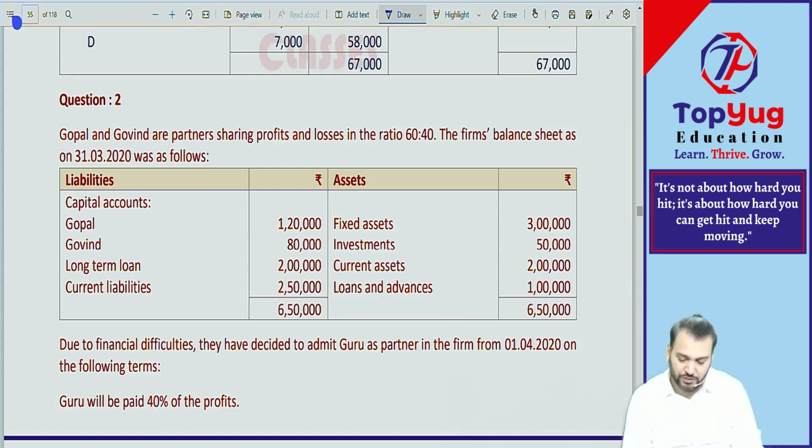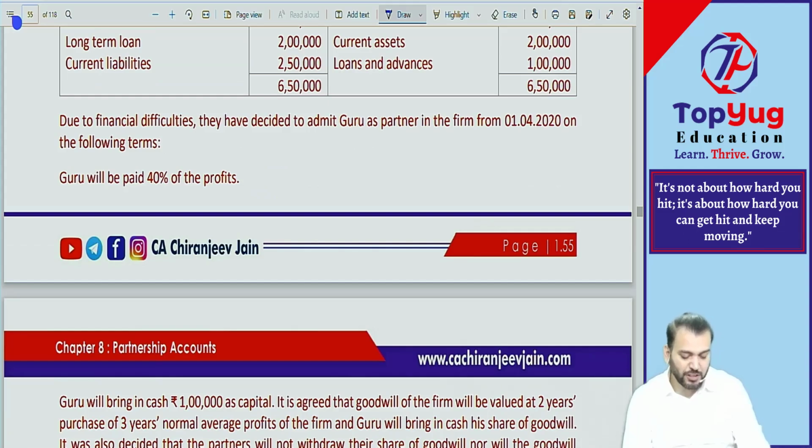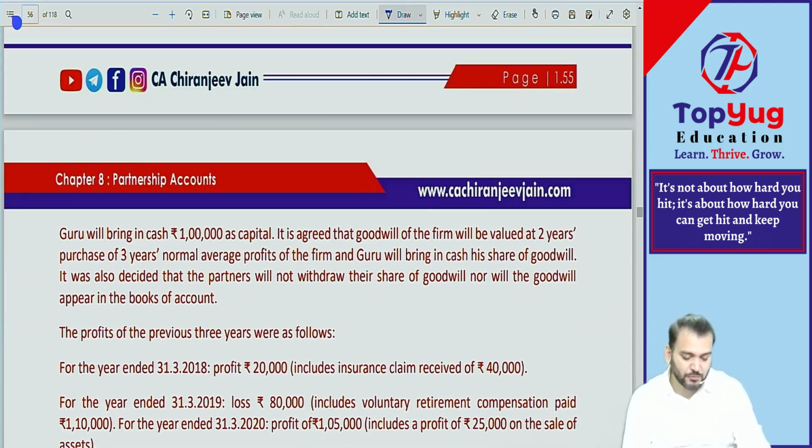The firm's balance sheet is given. Due to financial difficulty, they have decided to admit Guru as a partner. Guru will be paid 40% of profit. 40% of profit means 4 by 10, 4 by 10 means 2 by 5. Correct? Guru will bring in cash 1 lakh as capital.